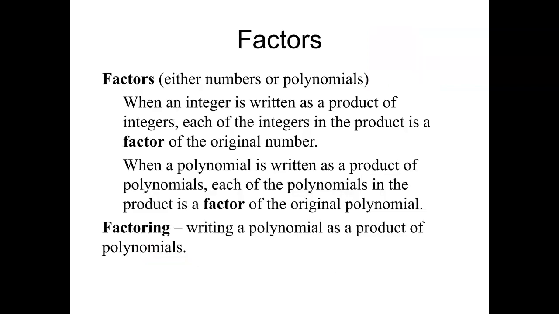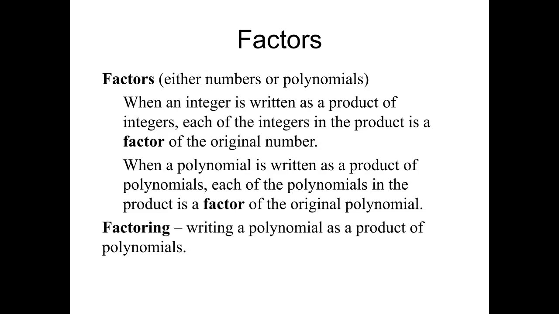Reminder that factors are just a bunch of things multiplied together to get a term. So we can take any integer and write out the numbers that multiply together to get that integer, and that lists out all the factors.